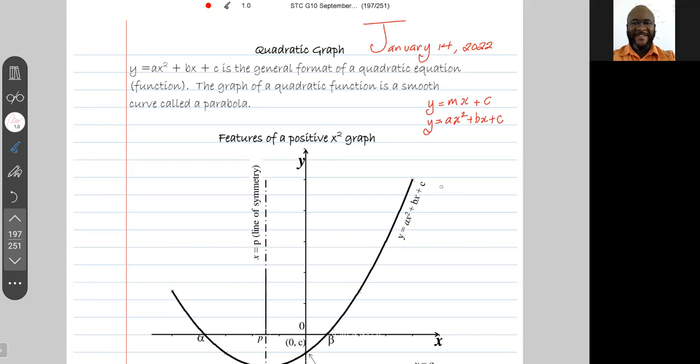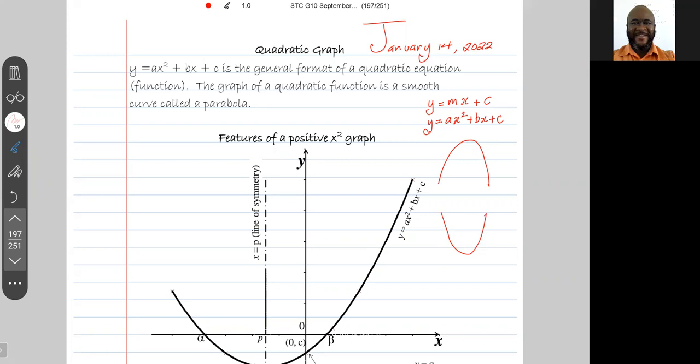Guys, a parabola could look like this. And when the parabola looks like that, we say that the parabola is a frown, and the parabola could look like this. When the parabola looks like that, we say that the parabola is a smile. So your parabola could be a smile or it could be a frown. The determining factor is the sign of the number in front of x squared.